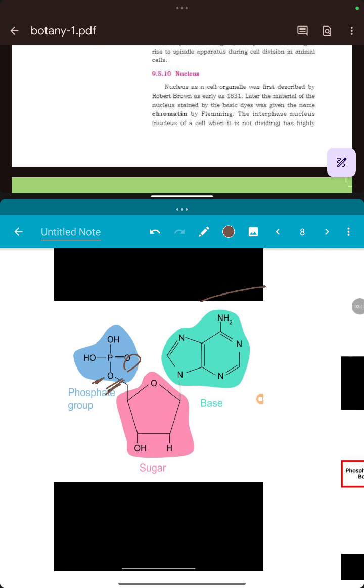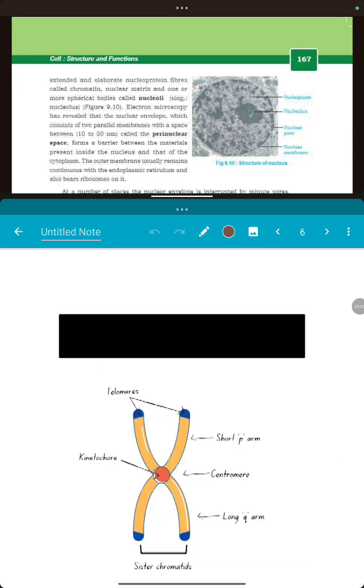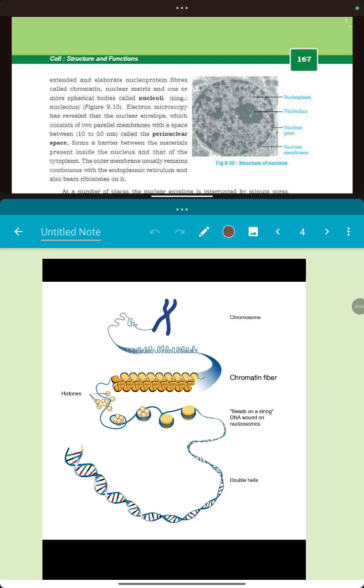The interphase nucleus, when the cell is not dividing, has an extended and elaborate nucleoprotein fibers called chromatin.